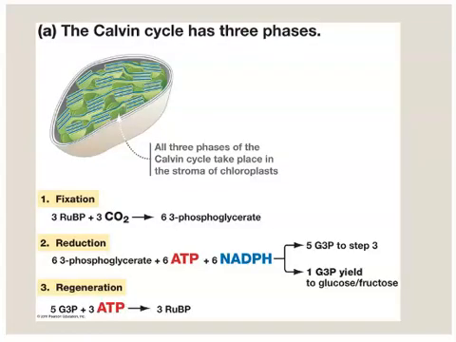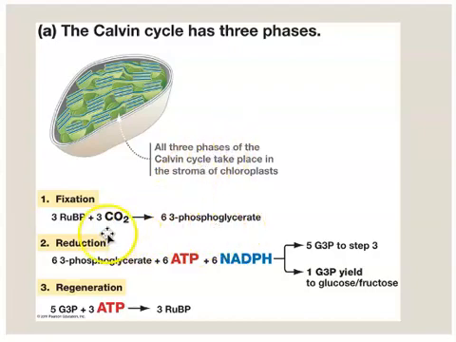On this slide, we can see another depiction of the Calvin cycle, broken down into its 3 stages. Remember, all 3 phases of the Calvin cycle are occurring in the stroma, and that's the space that you can see outside of all of these stacks of grana in this drawing of a chloroplast. During fixation, RUBP is being combined with carbon dioxide to make 3-phosphoglycerate.